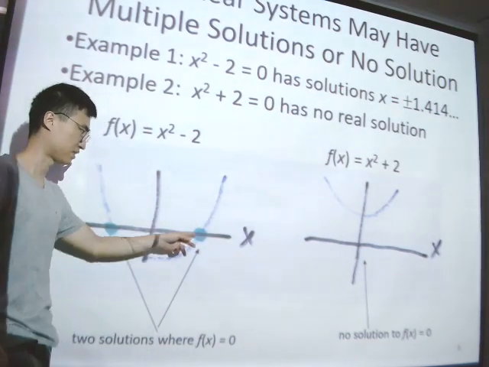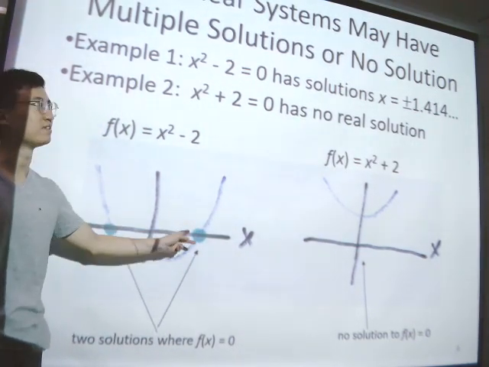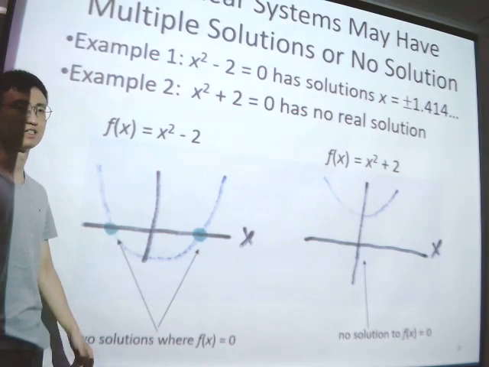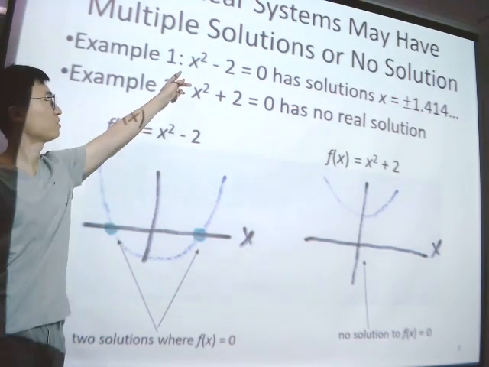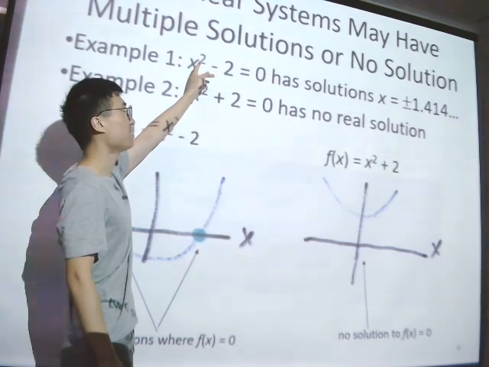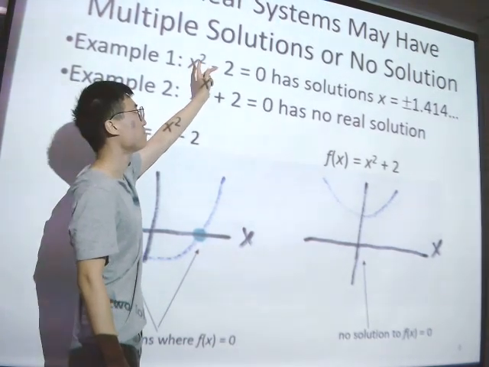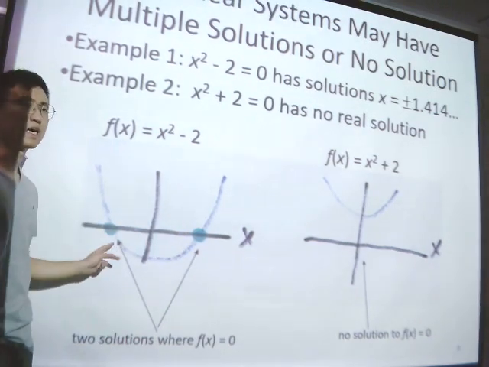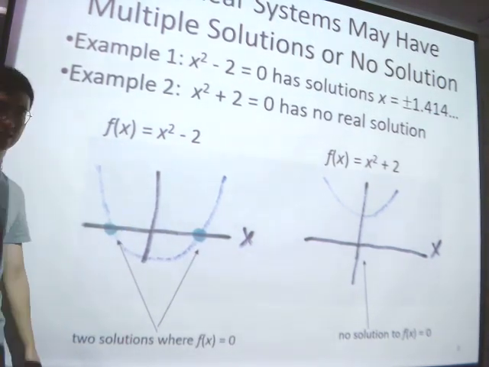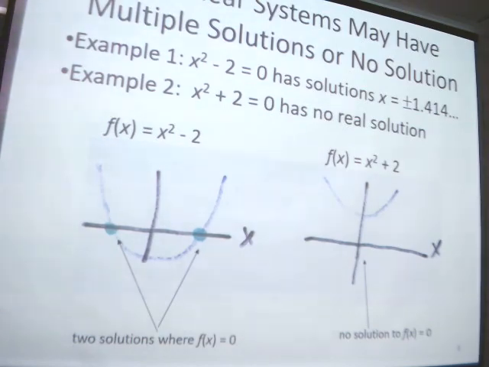The solution is the square root of 2, and the square is 2 minus 2, which is 0. So here we have 2 solutions.